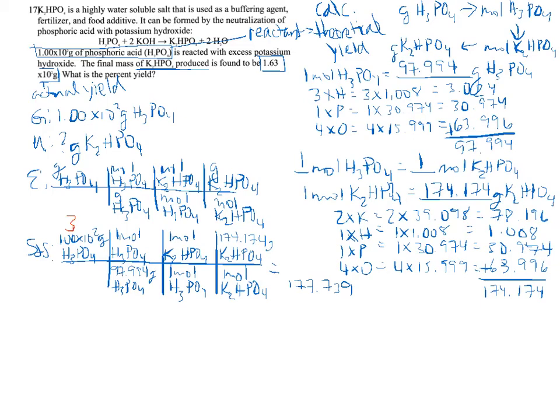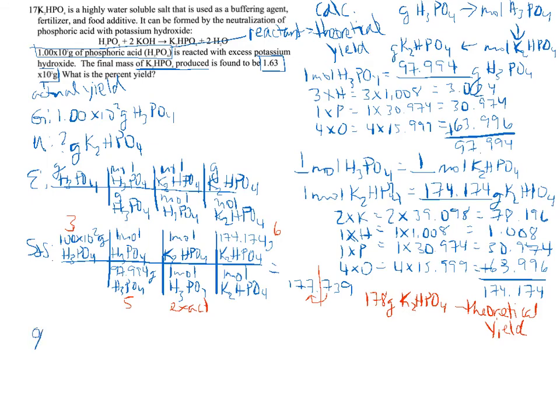Remember, anything in front of the times sign counts. 5 exact for our mole-to-mole ratios, and 6. So our answer needs to go to 3. The 7 rounds the 7 up. This becomes 178 grams of K2HPO4, and that's the theoretical yield. So then we need to do our percent yield.